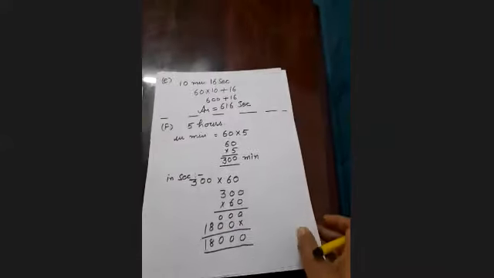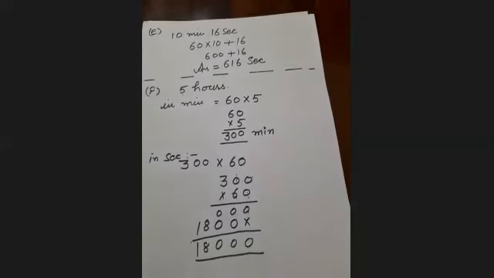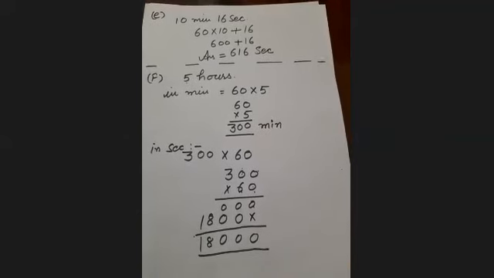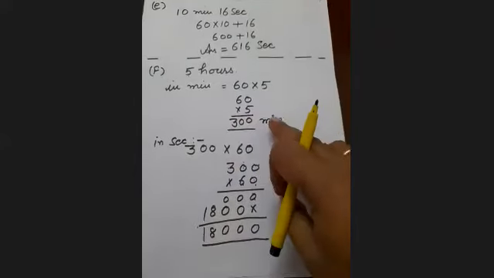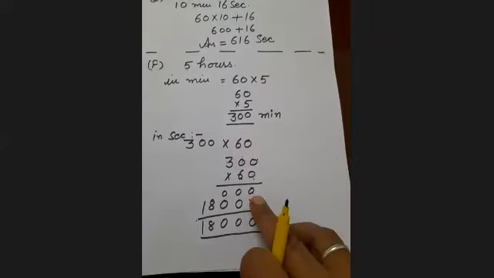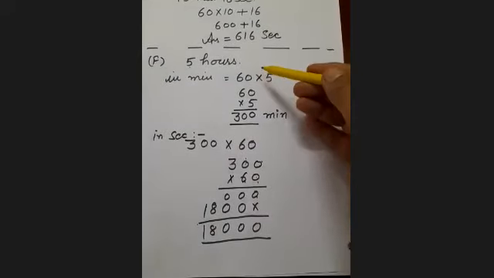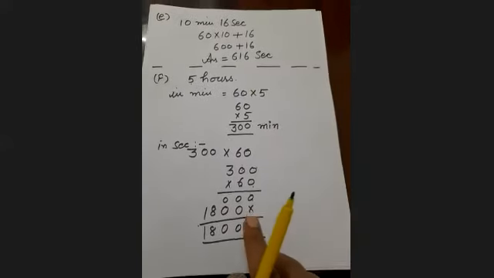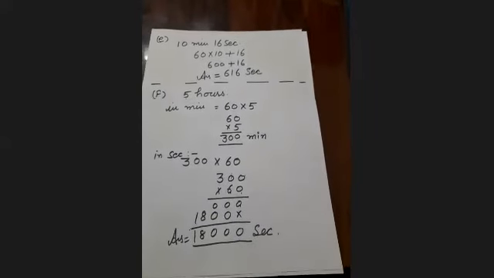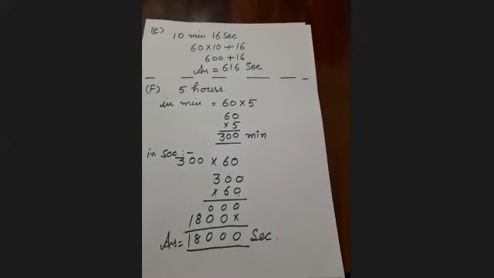So students, in 5 hours, we have 18,000 seconds. In this question, first we'll convert 5 hours into minutes, then minutes into seconds. Clear, students? So this is the last question of this exercise.